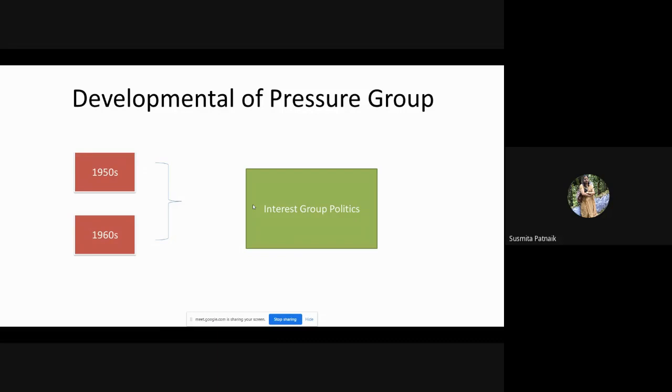Pressure groups first arose in the United States of America. Before 1950 there were no pressure groups. In order for a group to become a pressure group, there should be a certain type of organized group of people in any political system.